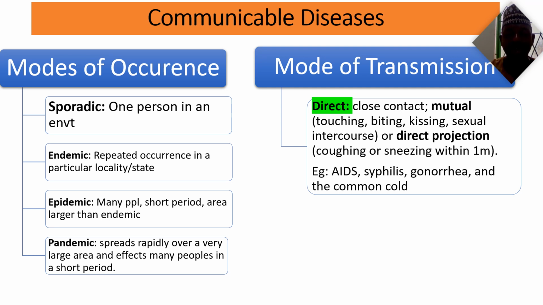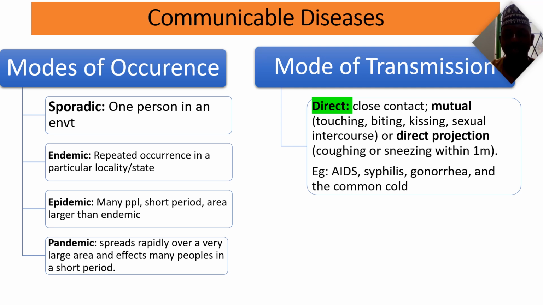Direct transmission involves immediate transfer of the disease agent through direct contact between the infected and healthy susceptible individual. So this type of disease usually occurs through maybe mutual contact.